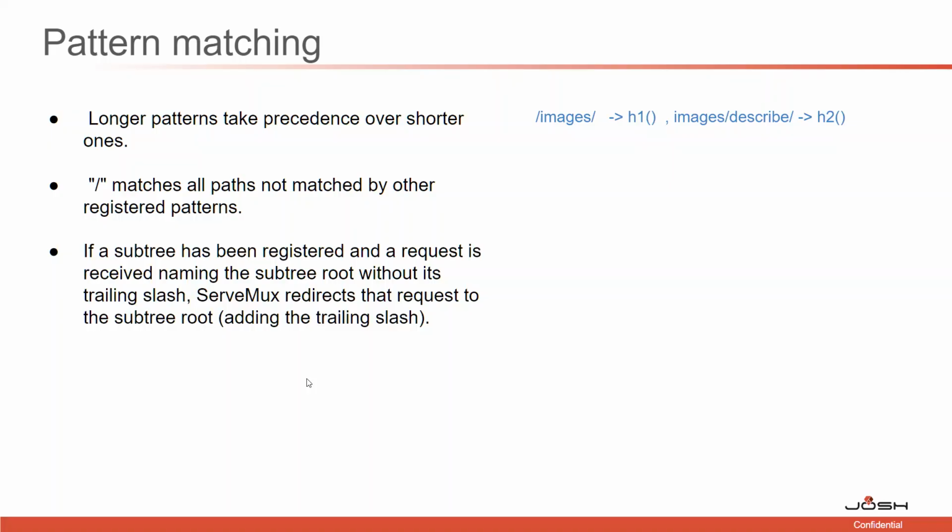If a subtree has been registered and a request is received naming the subtree without its trailing slash, serve mux redirects that request to the subtree root, adding the trailing slash. Now, what does this mean? Let's try to visualize this. Let's say we have registered a URI called images slash. Now, notice the slash at the end.